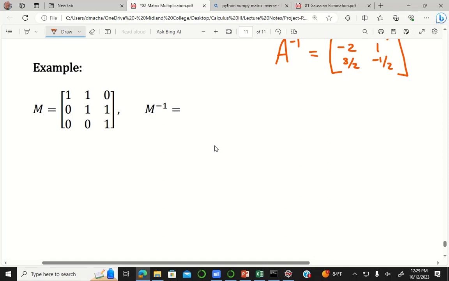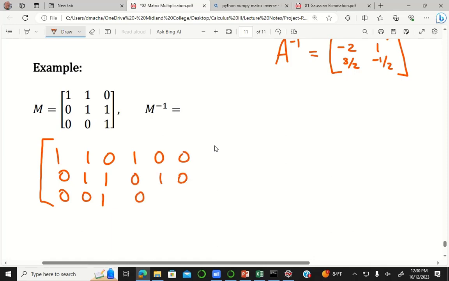Again, the goal is to figure out what the inverse is. How we're going to do it is start off by writing down the matrix, and then augmenting this with the identity matrix. Since my matrix is 3 by 3, we use the 3 by 3 identity matrix.